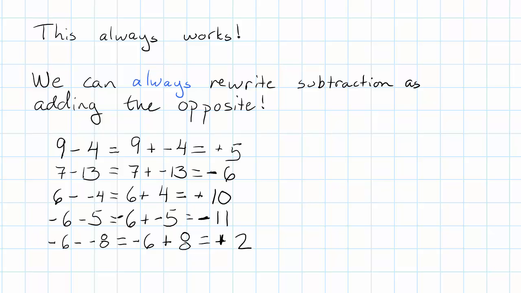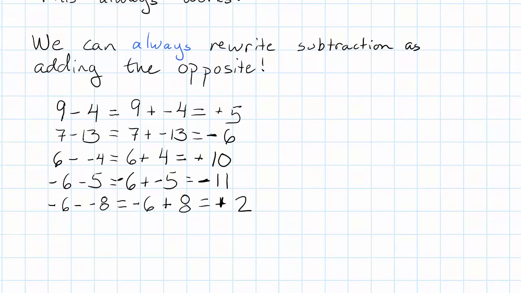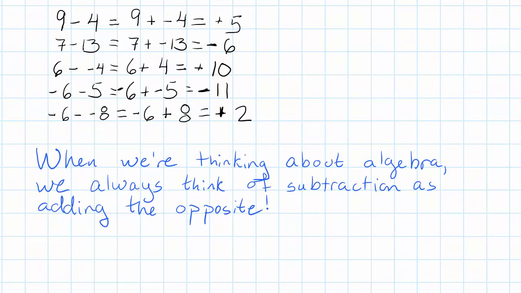Now, this fact that we can always rewrite subtraction as adding the opposite is kind of cool because it means that we never have to learn any rules for subtraction. We can always think of subtraction as a funny kind of addition. When we're thinking about algebra, we will always think of subtraction as just adding the opposite.